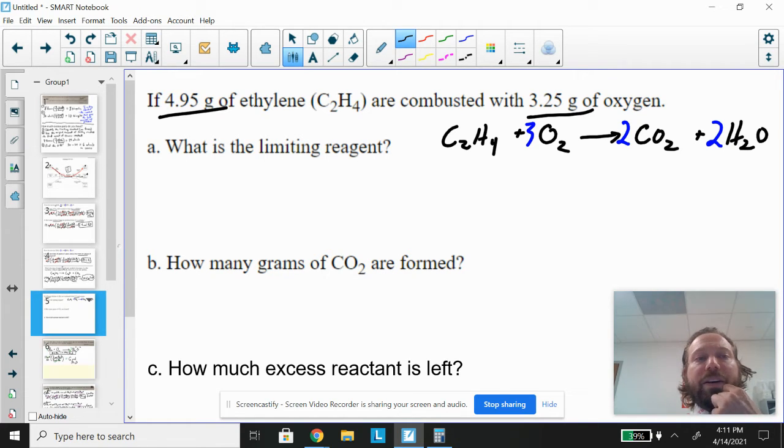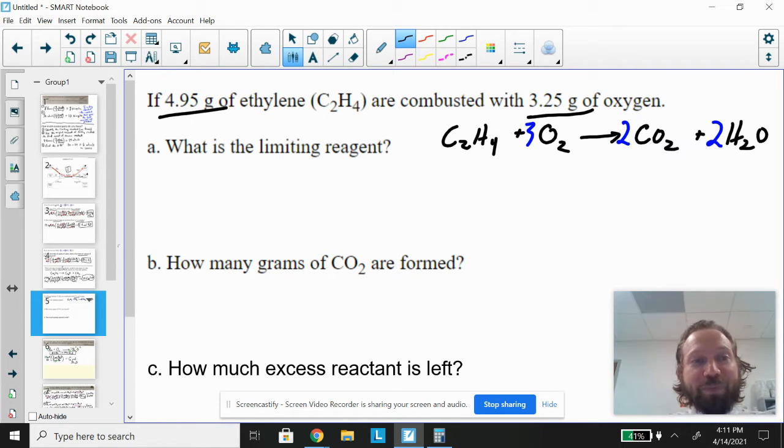We'll try to solve for how much CO2 can actually be produced. To be honest, it doesn't really matter if we're solving for CO2 or H2O; we'll get the same answer for which is the limiting reactant. But I do notice that the second question asks how many grams of CO2 are being formed, so I'm doing that one.